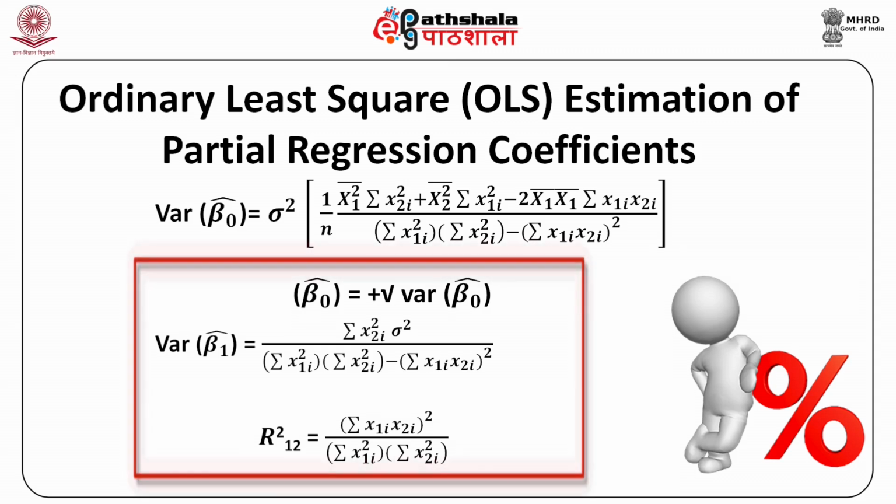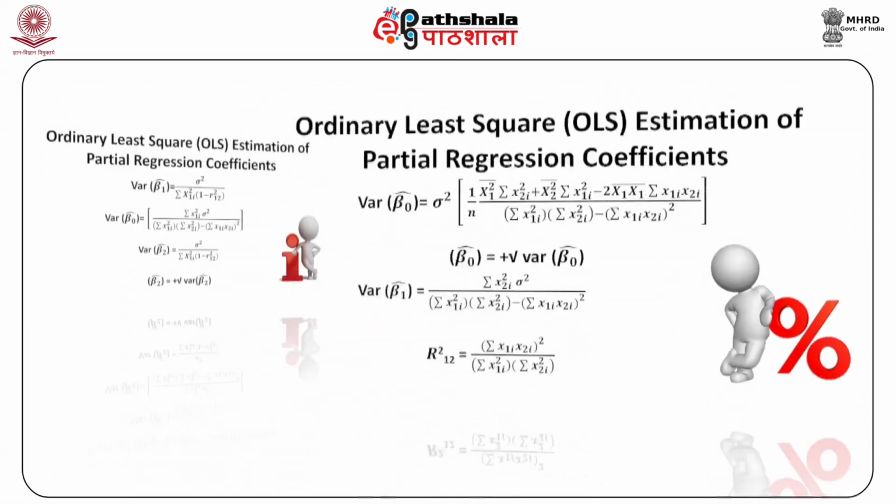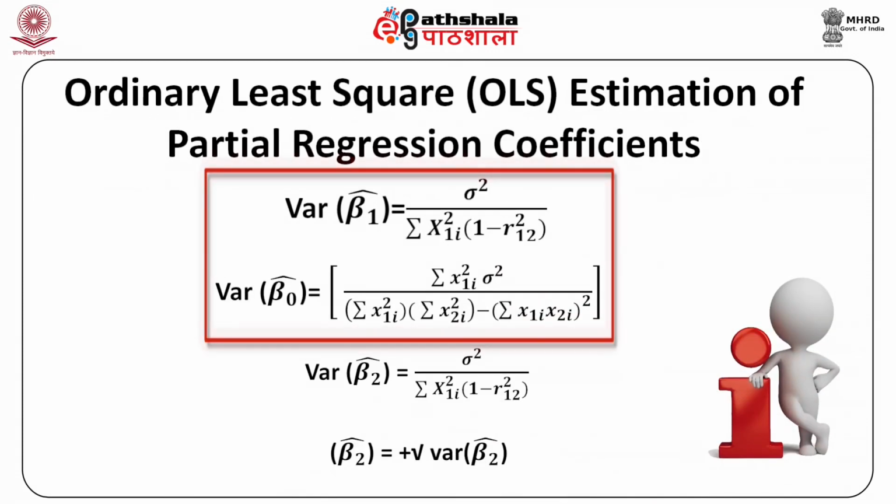We know that r squared 12 is equal to summation x1i x2i the whole squared divided by summation x squared 1i summation x squared 2i. Therefore, variance of beta hat 1 is equal to sigma squared divided by summation x squared 1i into 1 minus r squared 12, where sigma squared is the homoscedastic variance of the population error term ui.